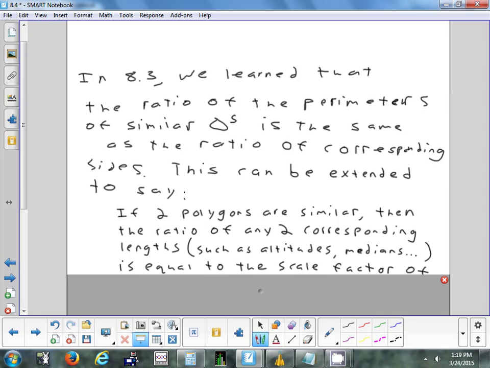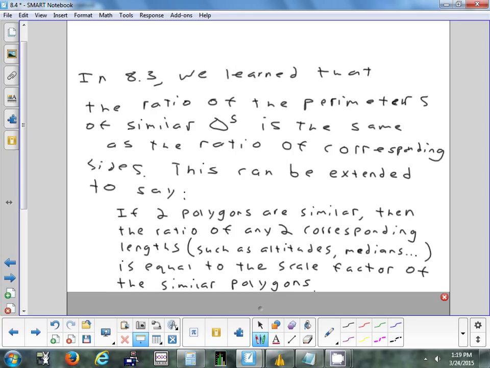All those special segments we talked about, altitudes, medians, segment bisectors, angle bisectors, all that stuff. They're all proportional to the scale factor. Does everyone see that idea?